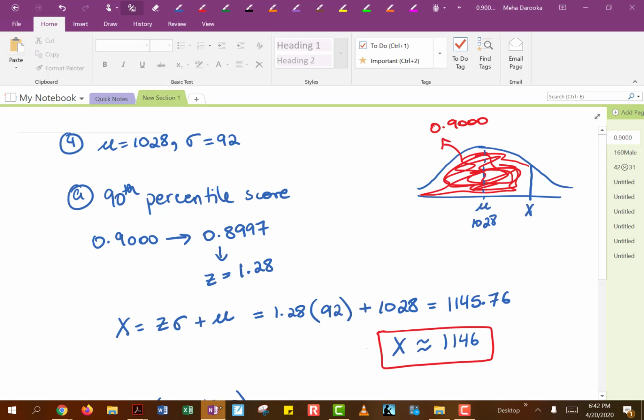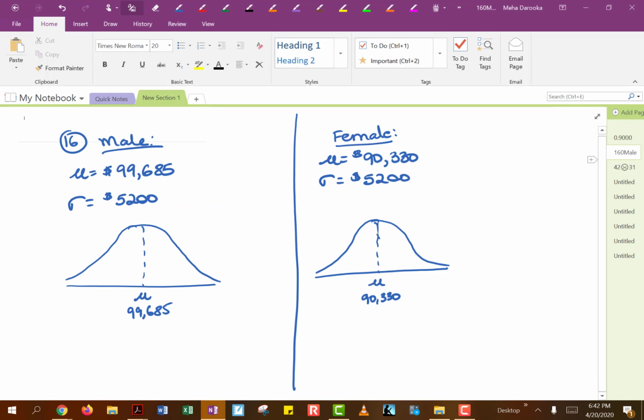So let's take a look at this example over here. So we are given the average salary and we are given the standard deviation for both the male and the female professors, and they're asking us to find the salary that goes for the 80th percentile.